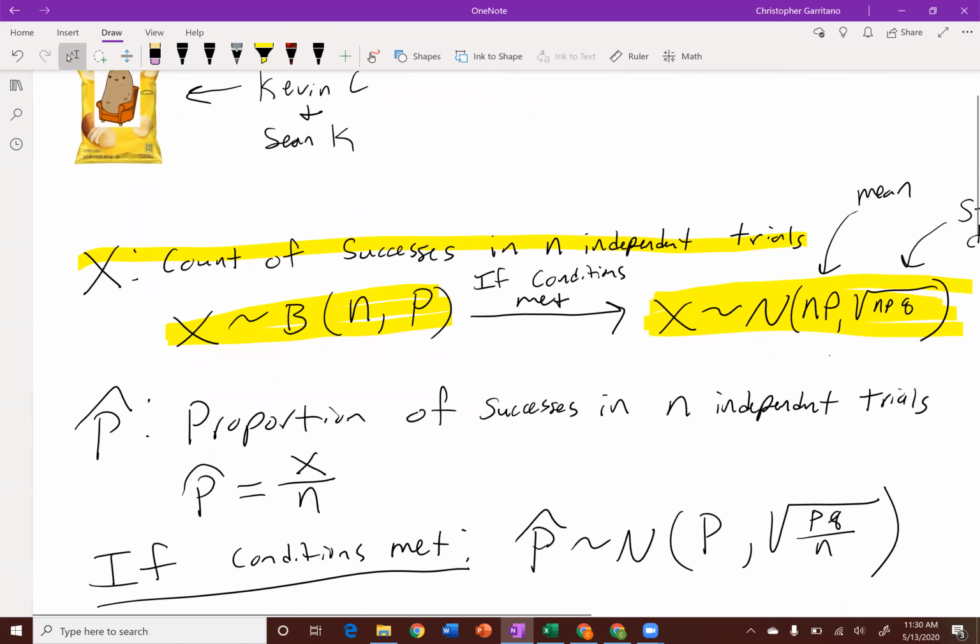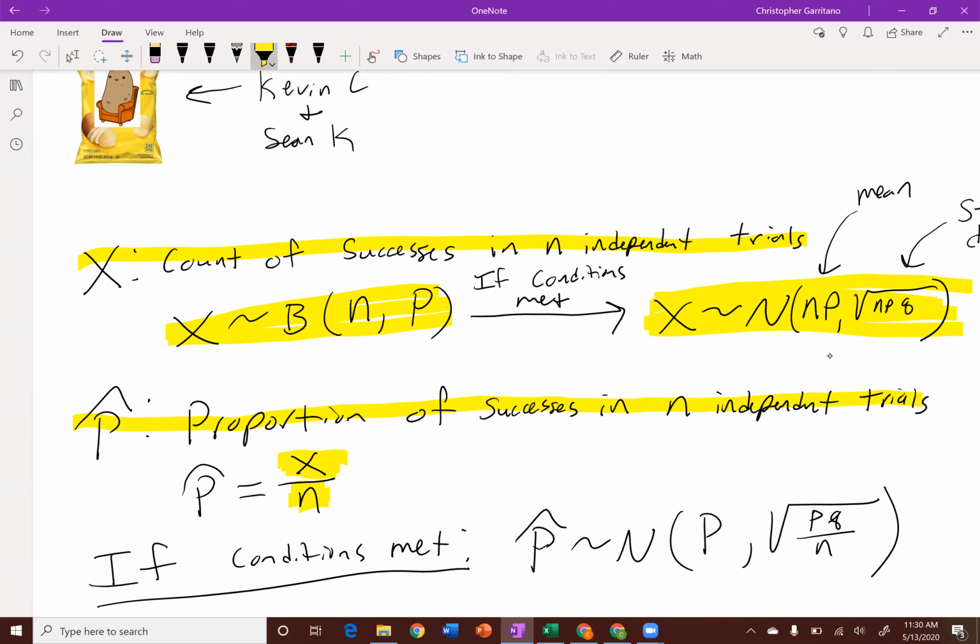If p hat represents the proportion of successes in n independent trials, then we can calculate p hat by taking the random variable x, the number of successes in n independent trials, and dividing by the number of trials. And therefore, p hat is simply your binomial random variable divided by n.